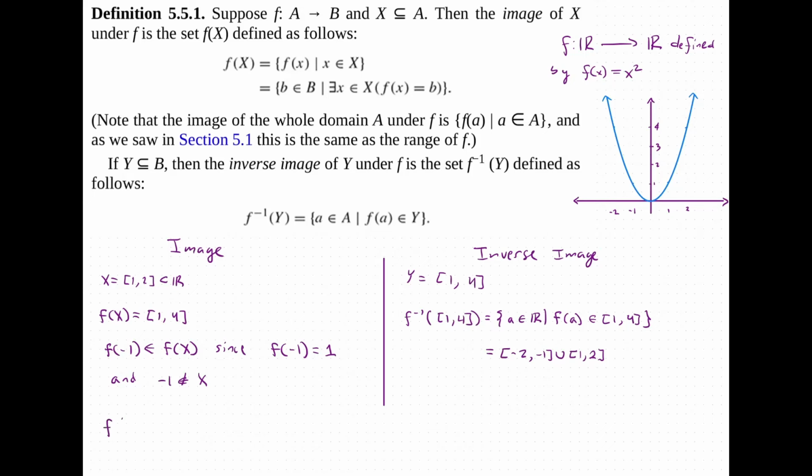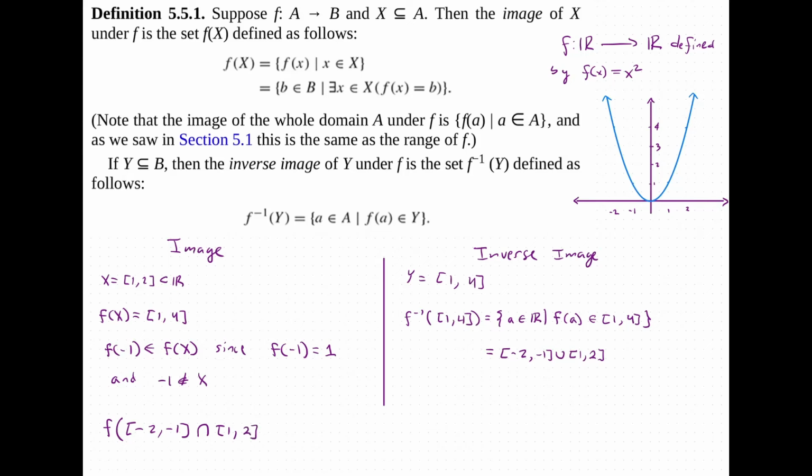If we took f of, and the inputs we are going to be taking are {-2, -1}, and now we're going to be intersecting it with {1, 2}. Of course this is going to be the empty set, since both of these sets have nothing in common.